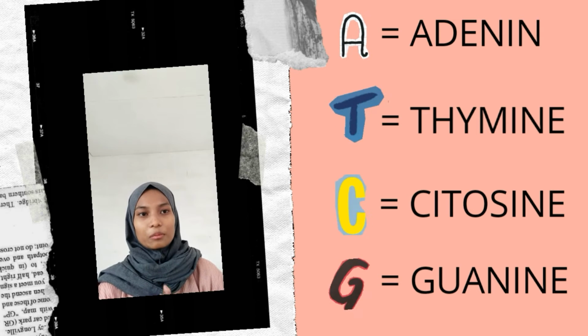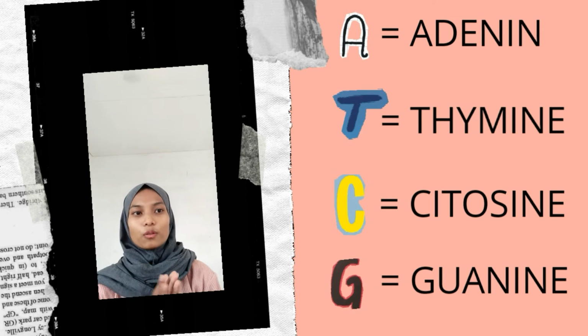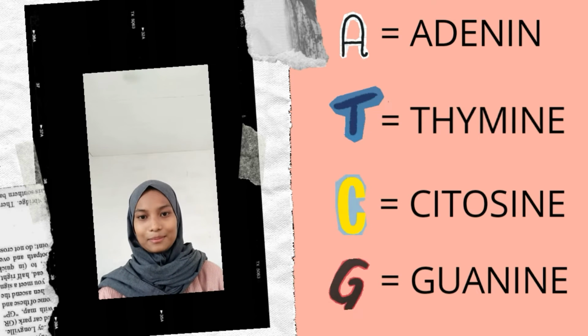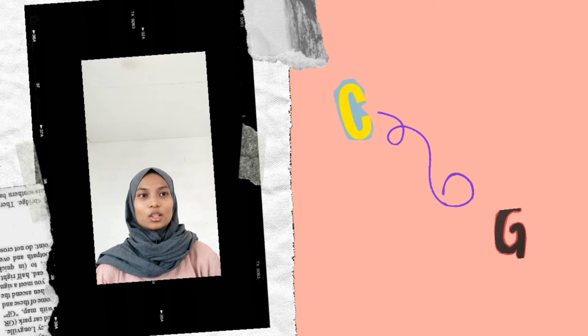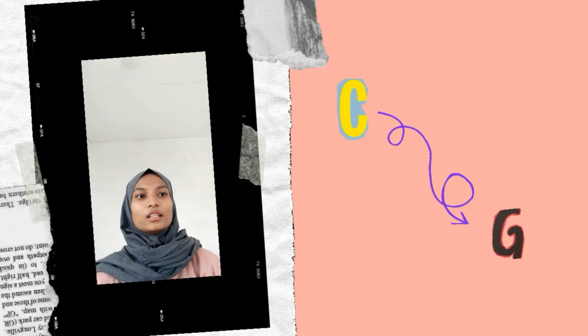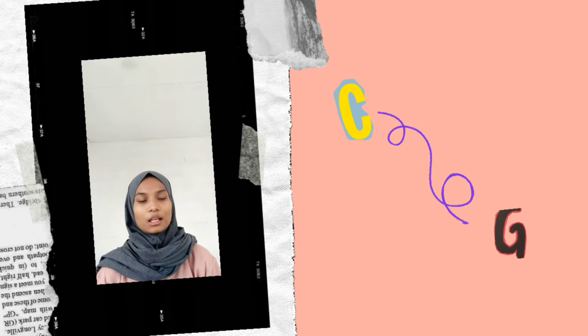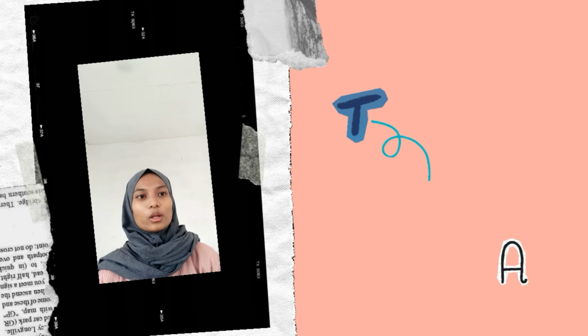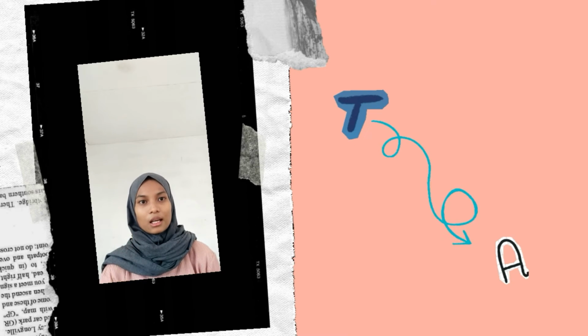Each purine molecule can pair to form hydrogen bonds with one pyrimidine molecule. Cytosine will pair with guanine with 3 hydrogen bonds, and thymine will pair with adenine with 2 hydrogen bonds.